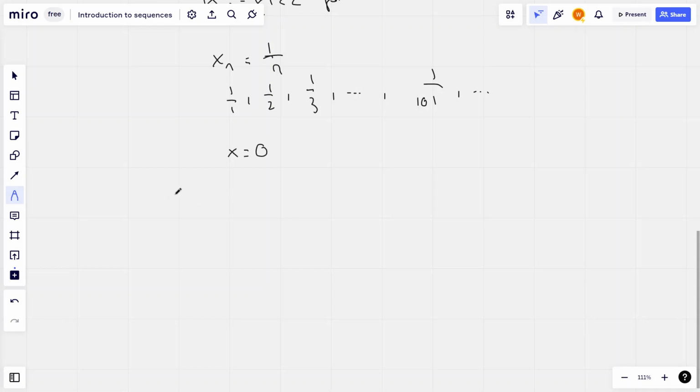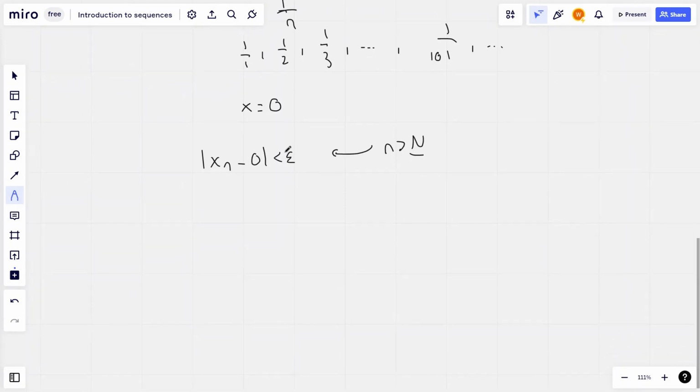And we want to show this, so let's claim that for any epsilon greater than 0, there exists some N such that for any term after that, it will also be less than epsilon.